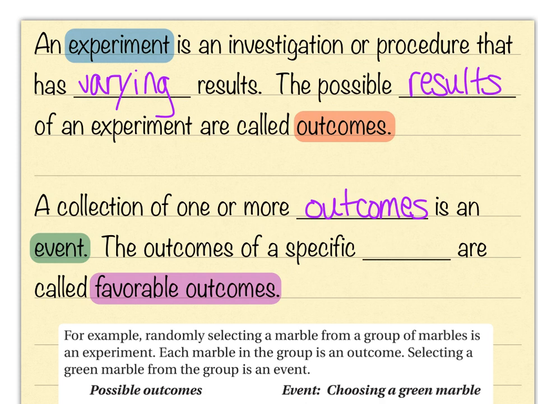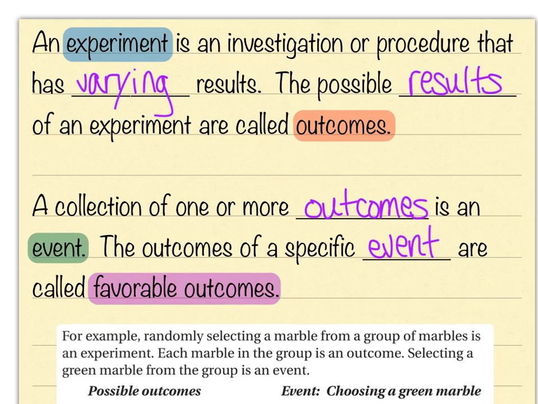And then the outcomes of a specific event are called favorable outcomes. So, for example, if I want to try to roll an even number, then the even numbers on my number cube, which would be 2, 4, and 6, would be favorable outcomes. So those are some different vocab words that we're going to work with as we progress through the chapter.